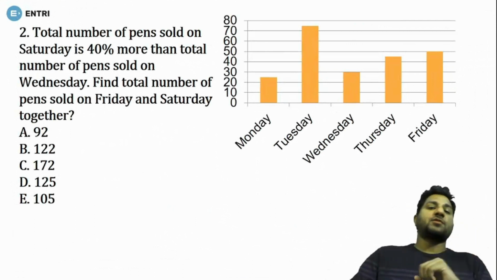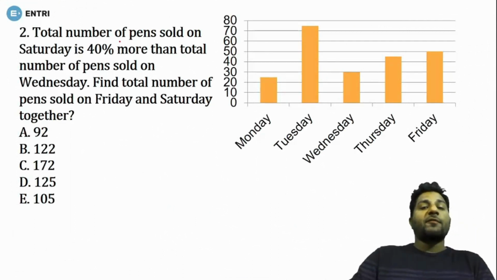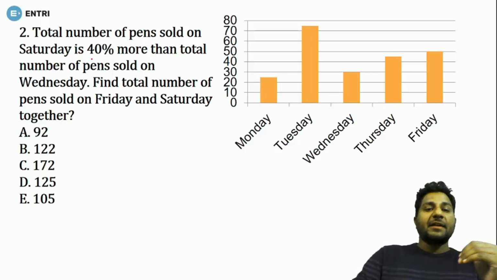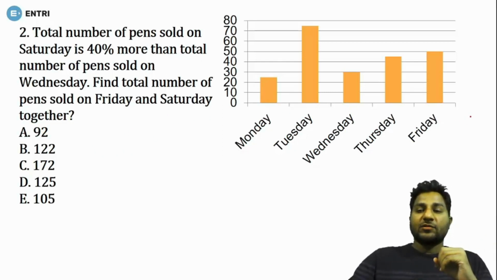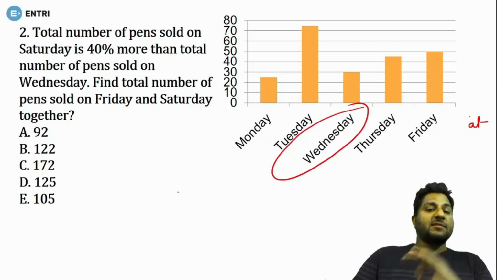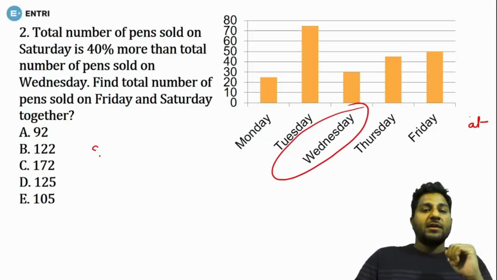Here comes the next question. Total number of pens sold on Saturday is 40% more than total number of pens sold on Wednesday. So basically they are comparing Saturday and Wednesday. Saturday's data has not been given while Wednesday's data has been given. Just watch it.